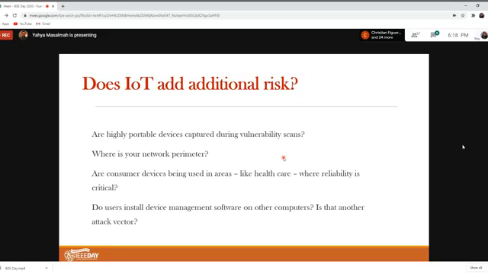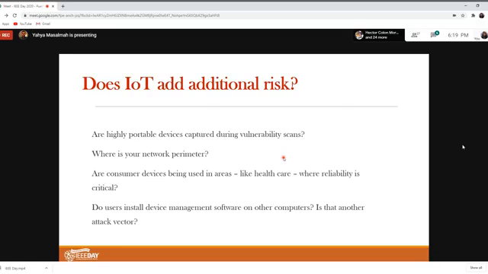In a moment I'm going to show you a list of vulnerabilities that should be assessed before we make any decision about whether our systems or our infrastructure are secure or not. Are consumer devices being used in areas like healthcare where reliability is critical?